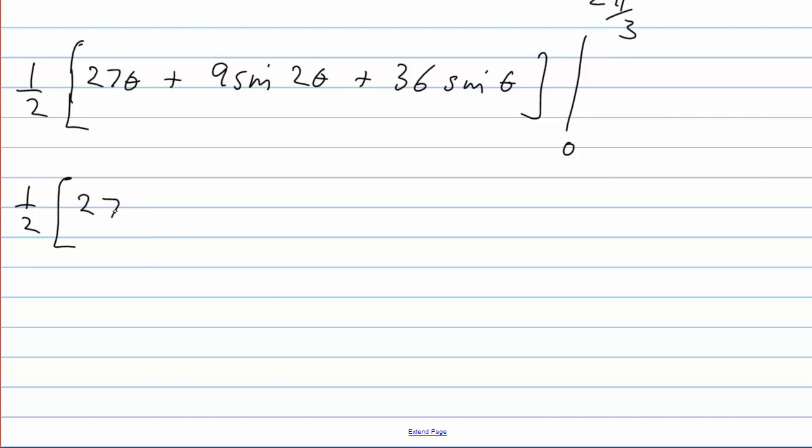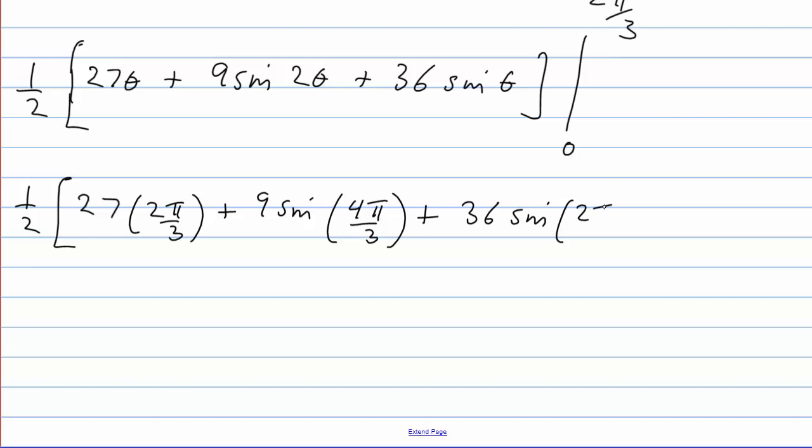Notice that when we plug in 0, the first term we would get 0, the second term sine of 0 is 0, and the same thing for the last term. So when we plug in 0, everything goes away, so we only really have to worry about plugging in 2 pi over 3. This would be sine now of 4 pi over 3, and this would be 36 sine of 2 pi over 3.